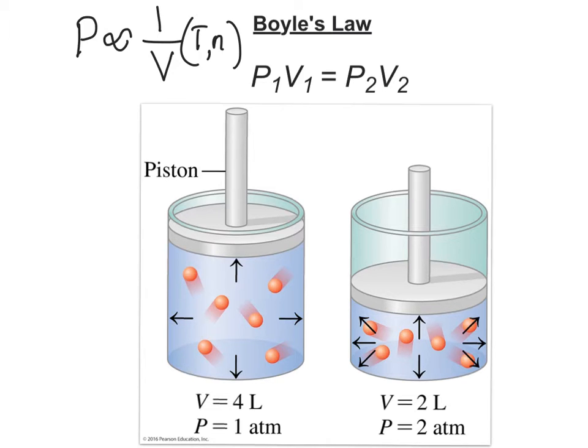If the volume or the pressure of the gas sample changes without any change in the temperature or the amount of gas, then the product of the final pressure and the volume is equal to the product of the initial pressure and the volume. So we can put Boyle's law in an equation as P1 V1 = P2 V2.